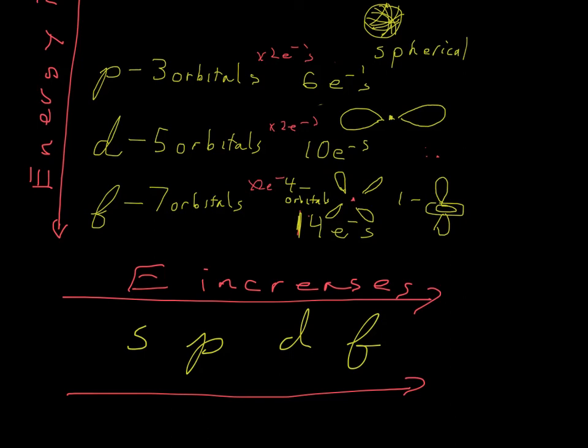So now we know our organization of our electron cloud. Let's take a look at the big picture. I'm going to draw what's known as an orbital diagram, and different books like to do these orbital diagrams different ways.